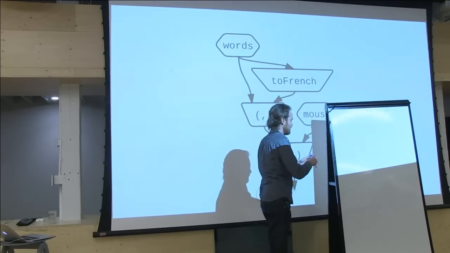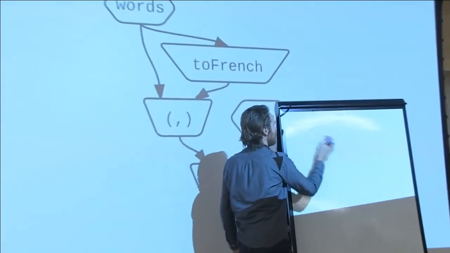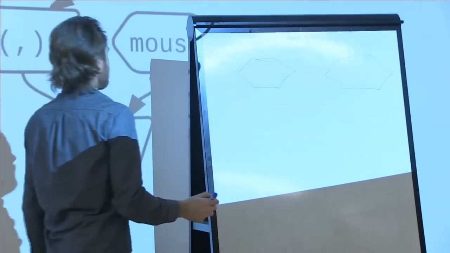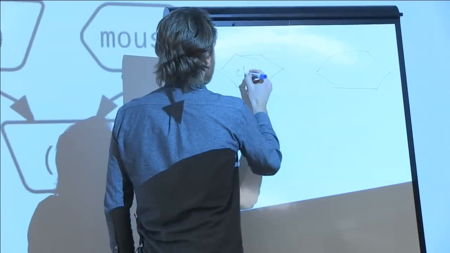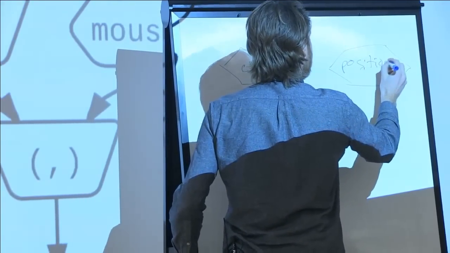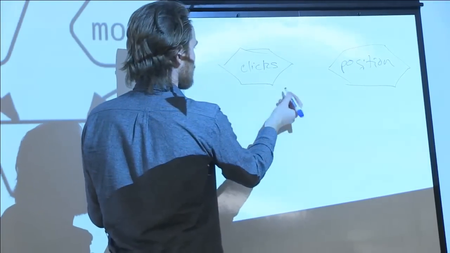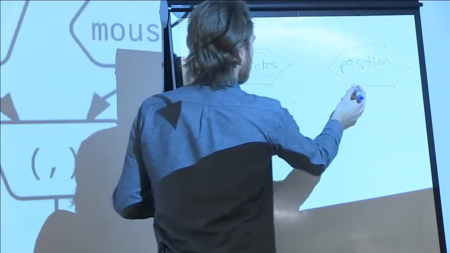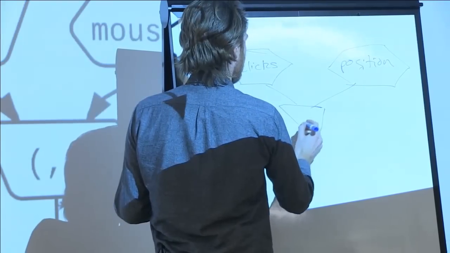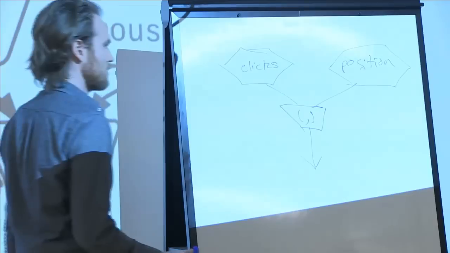So let's say this is clicks, and this is position, and let's just pair them together. Okay. So let's say that's our signal graph.